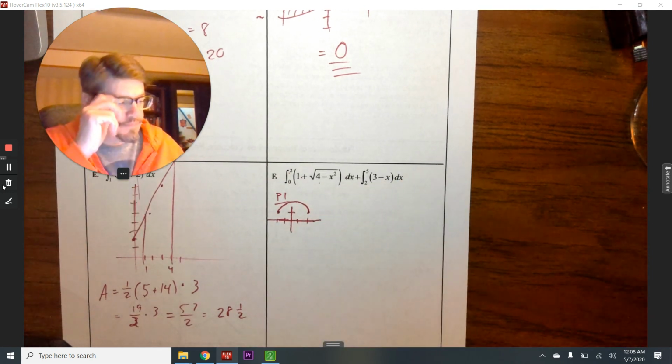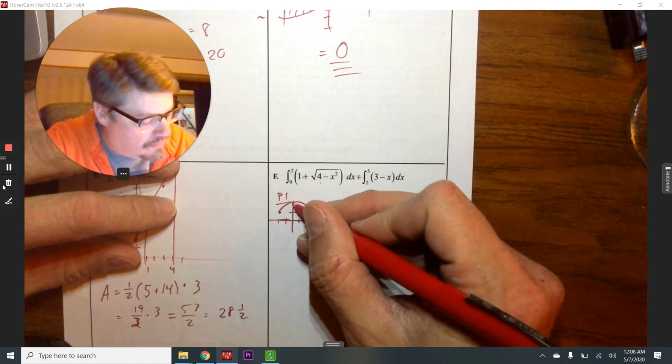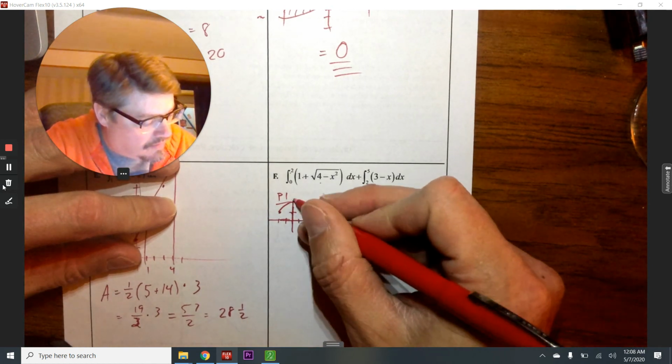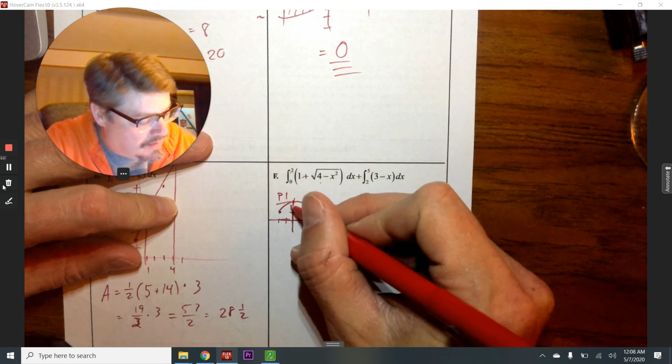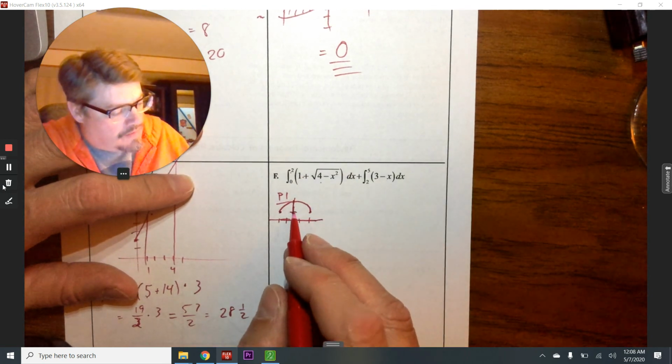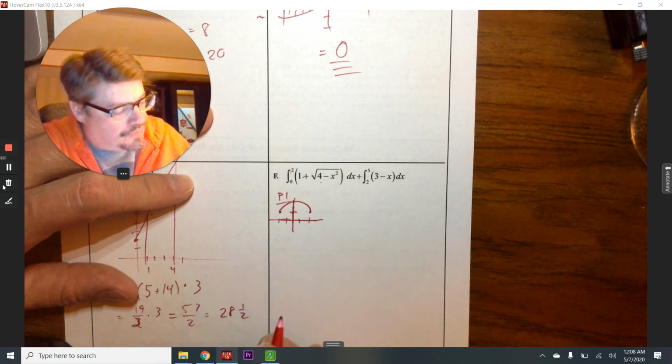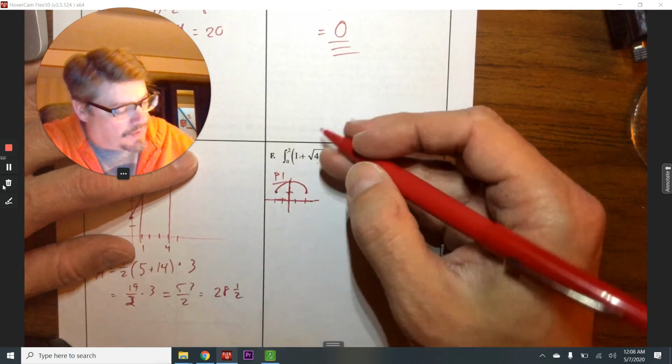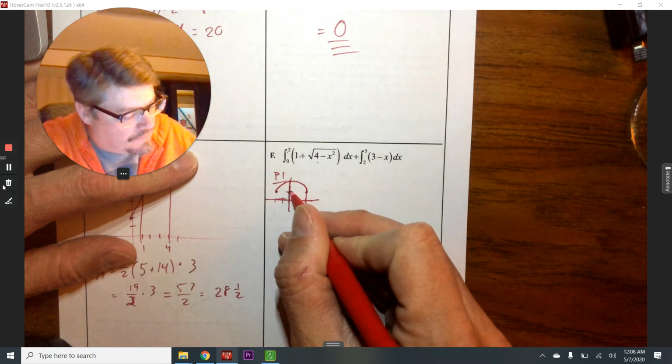From 0 to 2, raised up 1, we have 2 pictures here.